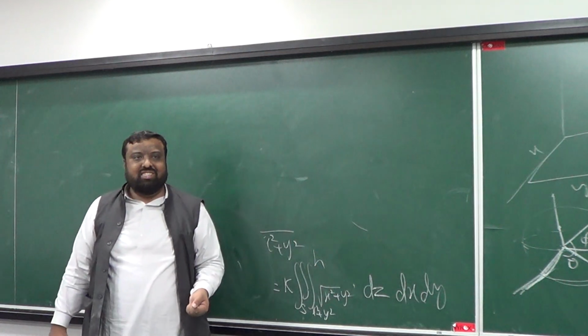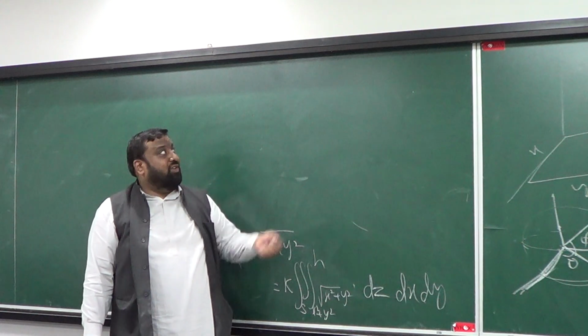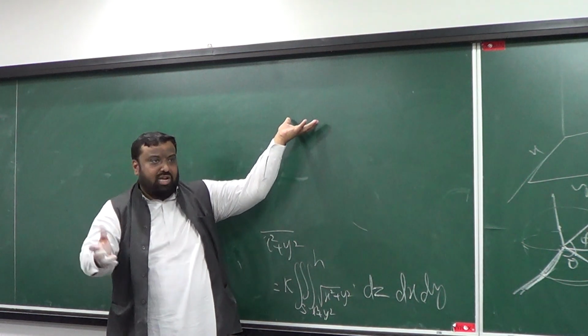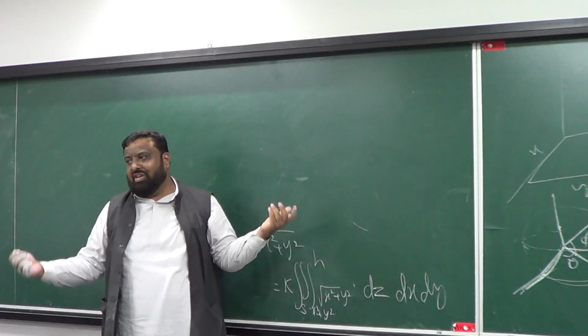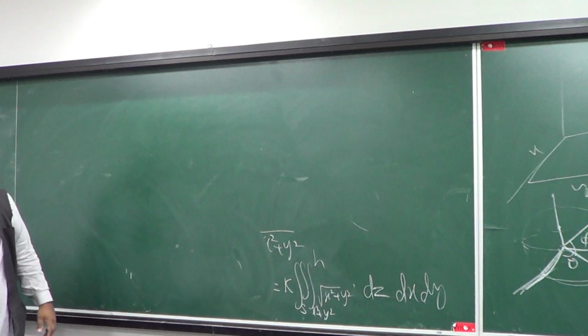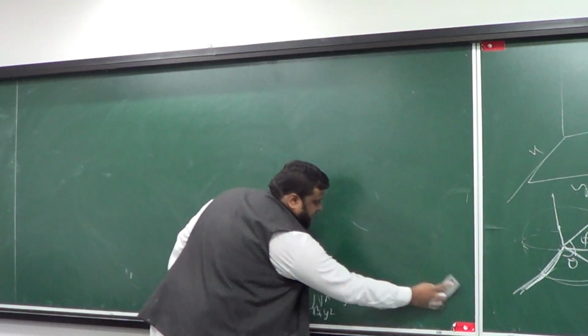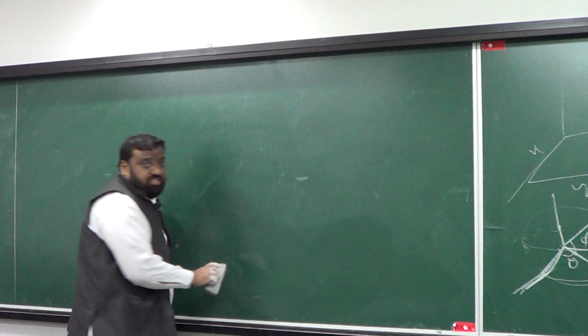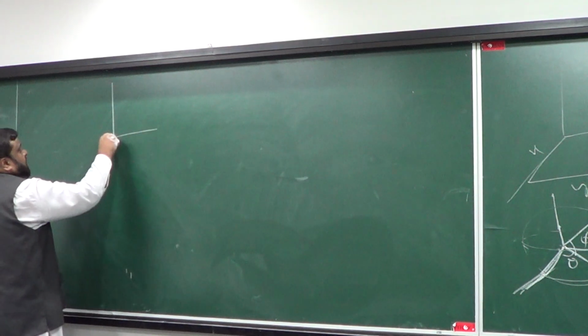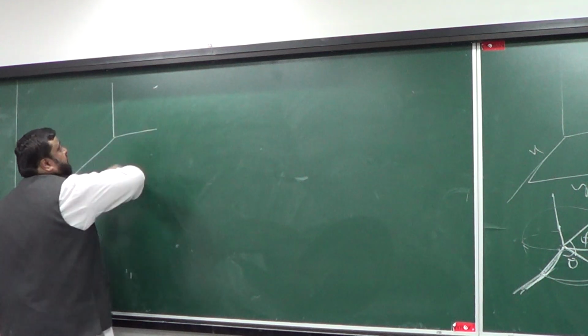You can assume it is sitting on a bowl, a paraboloid, so you're going to have paraboloid coordinates. You can have all kinds of coordinates, and none of them is really different from the others. Each has advantages.